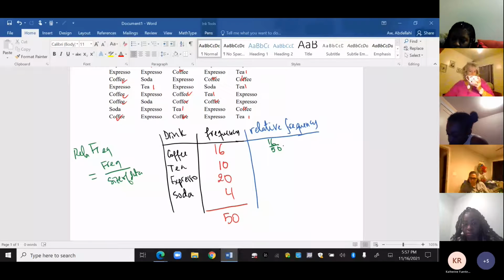If there is a decimal number, we can write a decimal number. When I take my calculator, 16 over 50, I get 0.32, right?